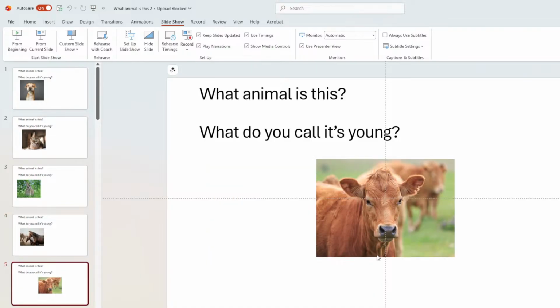All right, let's go to the next one. What animal do you see on your screen? What do you see on your screen?